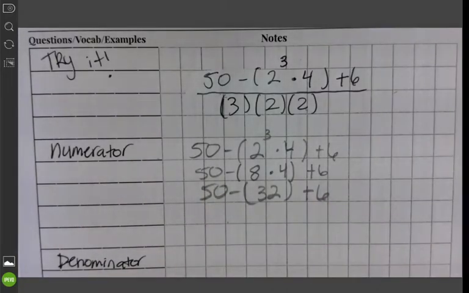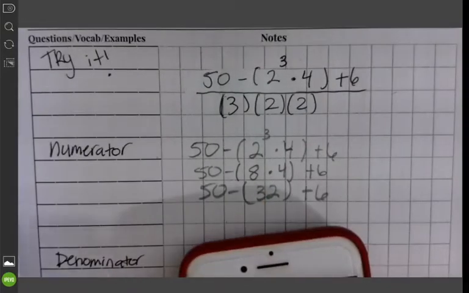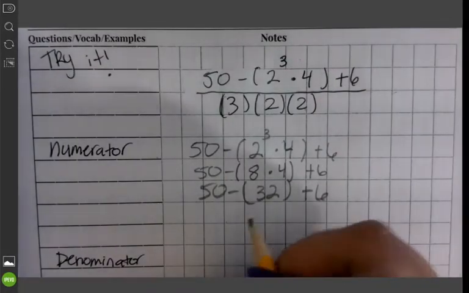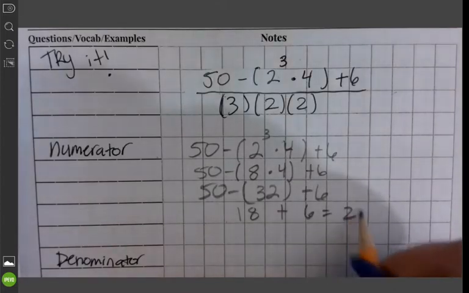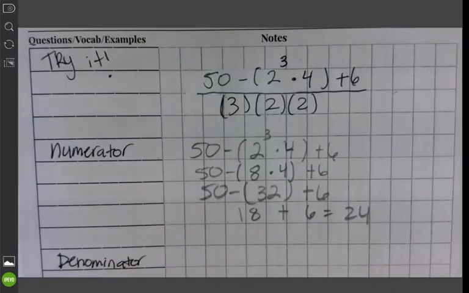Now I have 50 minus 32 plus 6. 50 minus 32, handy dandy calculator, equals 18. And then 18 plus 6 is 24. So our numerator is 24.